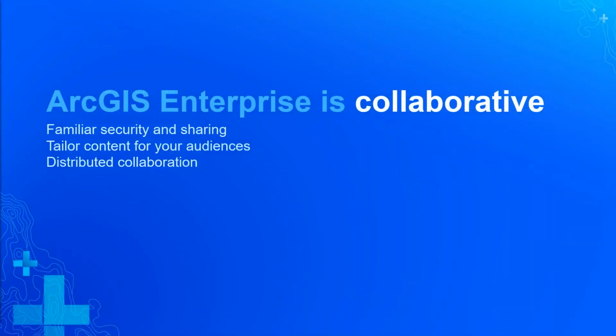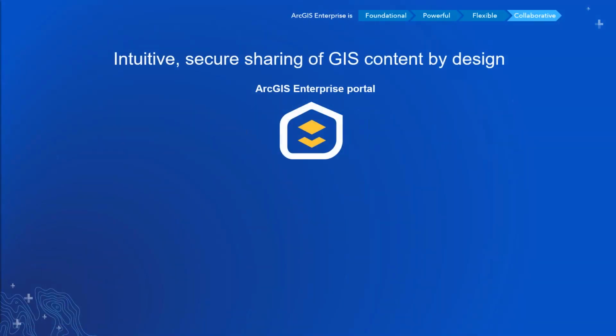ArcGIS Enterprise is collaborative, right? So we're going to talk a little bit about how that collaboration can be achieved. Content sharing has always been a central focus of our technology.